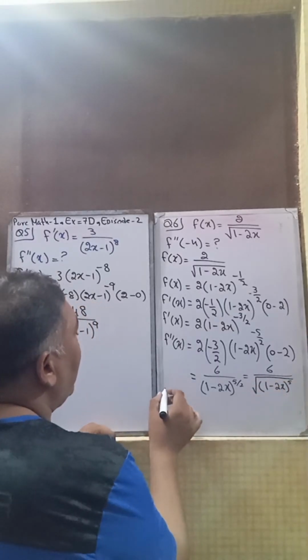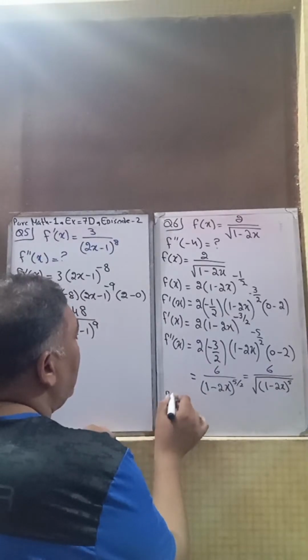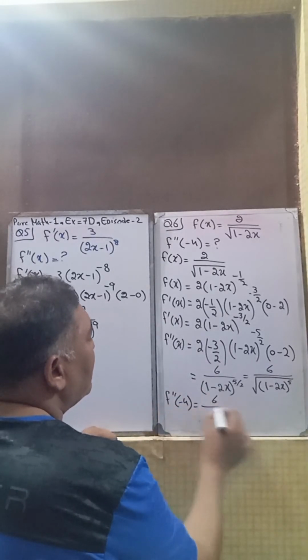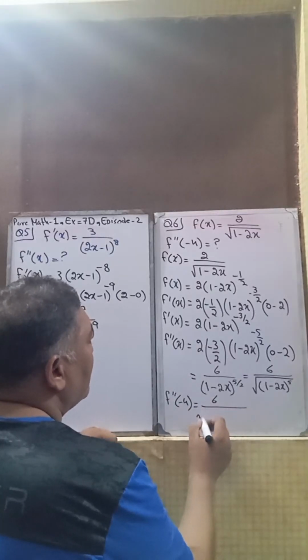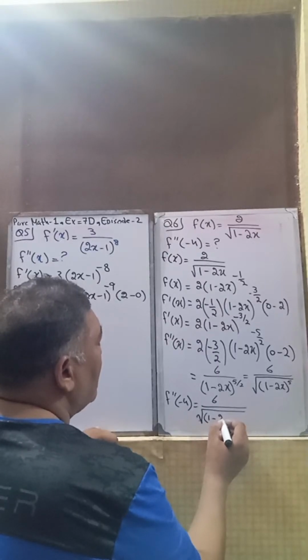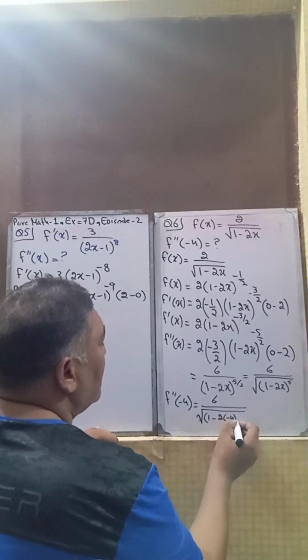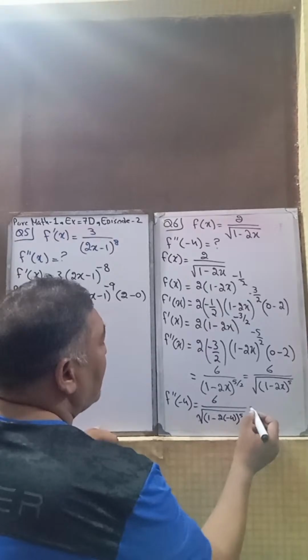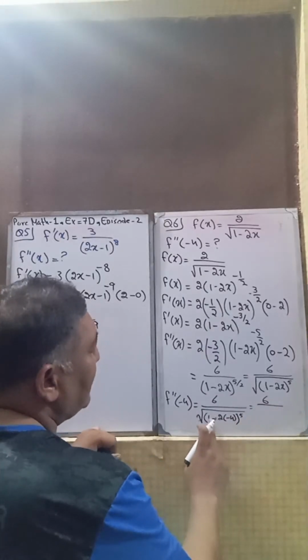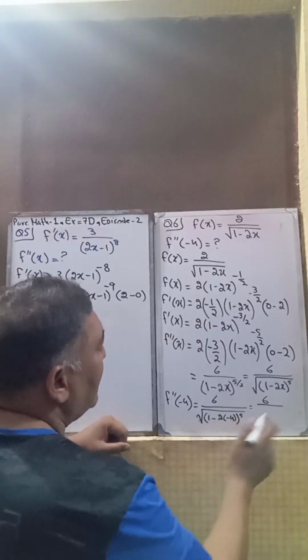Now we have to find the double derivative when x is minus 4. So this will become 6 divided by the square root of 1 minus 2 into minus 4, raised to power 5. That will be 6 divided by, this is plus 8 plus 1, 9.